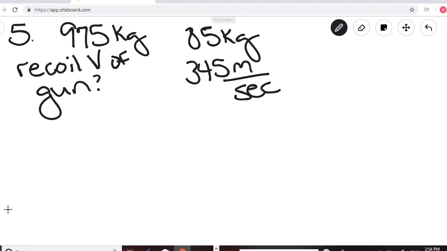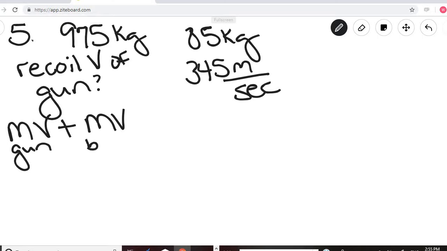Okay, so if we look at momentum before, so the mass of the gun times the velocity of the gun plus the mass of the bullet times the velocity, so this is gun and bullet. This is before.